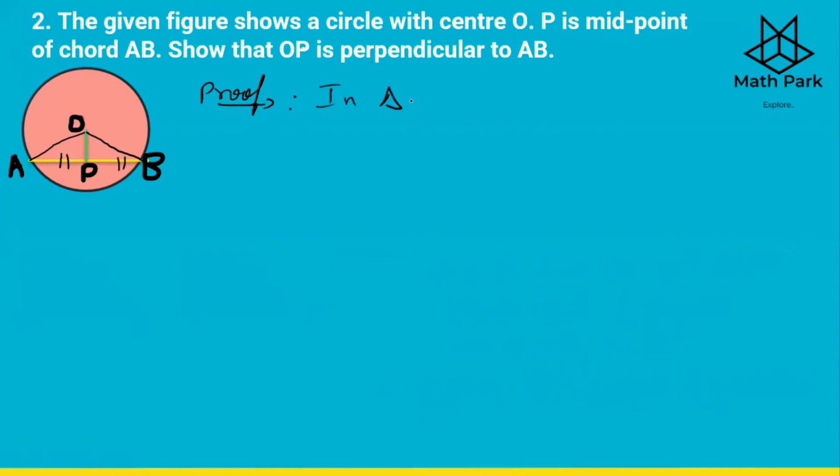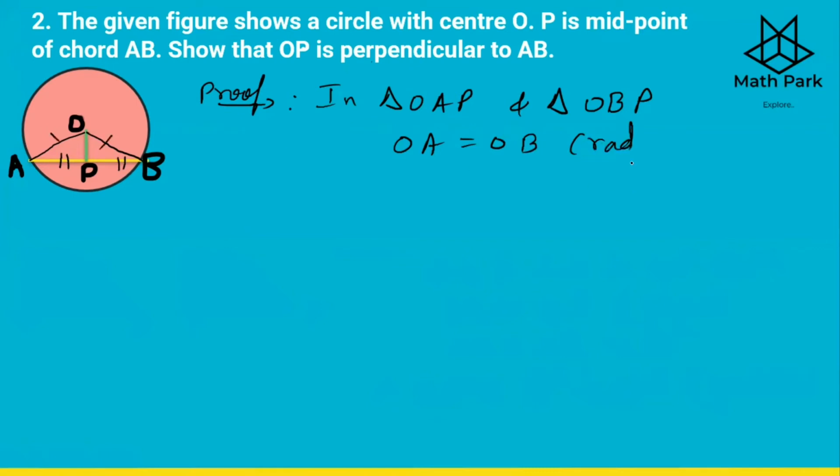In triangle OAP and triangle OBP, it is very important to name them properly. The correspondence is important. So we have OA is equal to OB because they are the radii of same circle.